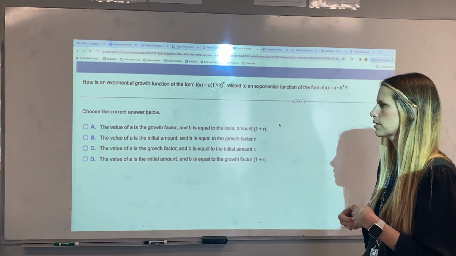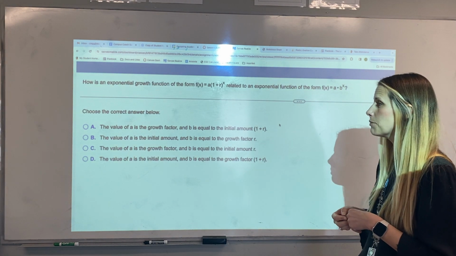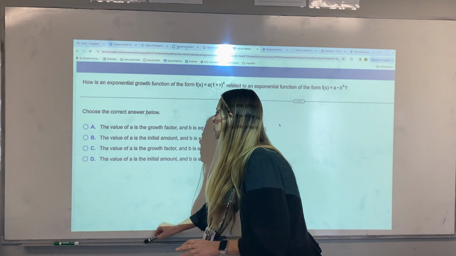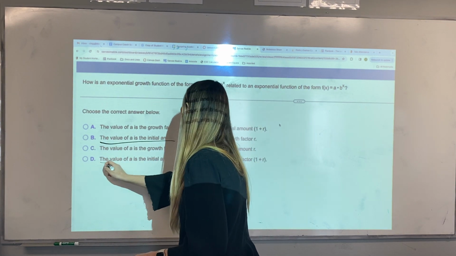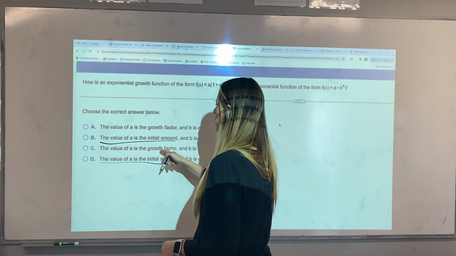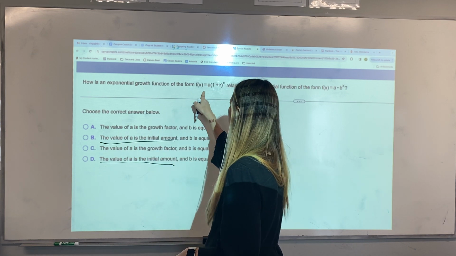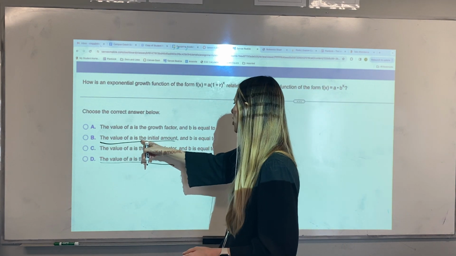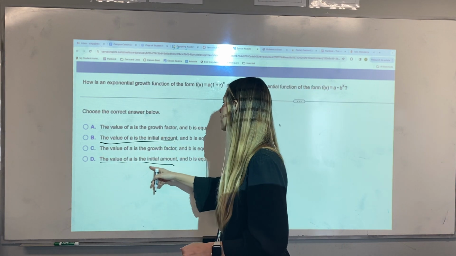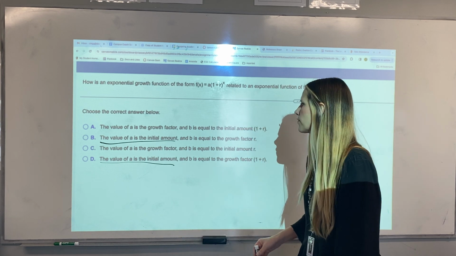Abby? D and B. So far, D and B have the correct first part, because the other ones don't make any sense. It says the value of A is the growth factor. A is not the growth factor, it's the initial amount. So far, B is correct, the value of A is the initial amount. Let's look at the second part of the sentence.